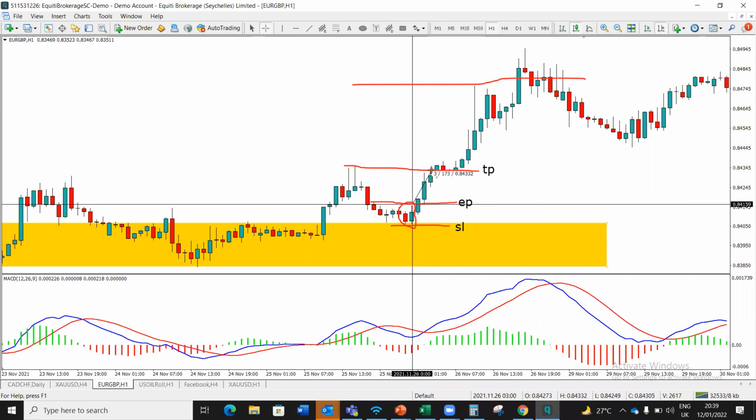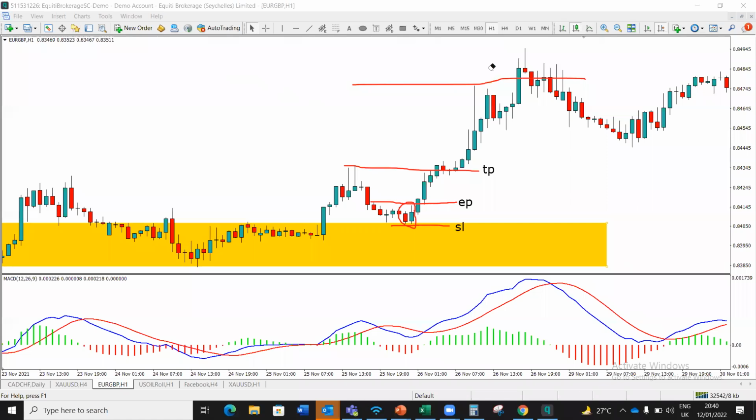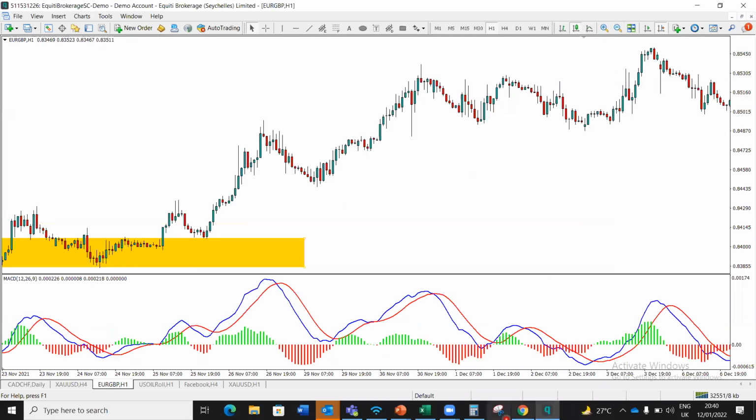So this is 17 pips. I mean to say this is almost a 1 to 2 risk reward ratio. So this is beautiful. This is how you can find all of these opportunities in the market. All right. I hope this is making so much sense to us.